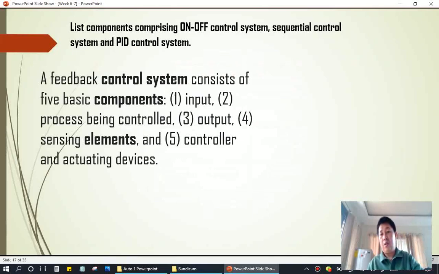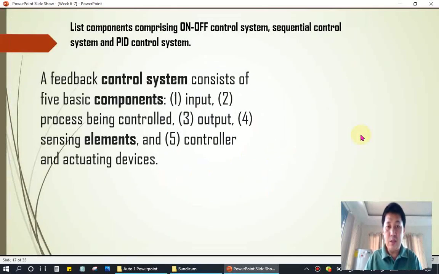So let us come to the list of components comprising on-off control system, sequencing control system, and PID system. A feedback control system consists of 5 basic components. This is the input, process being controlled, output, sensing element or sensor, the controller, and the actuating devices.